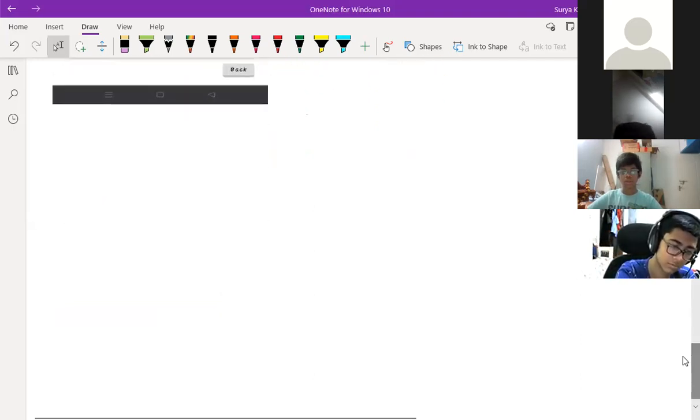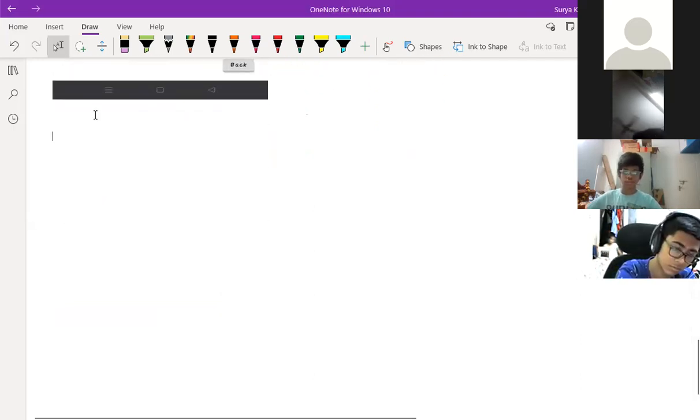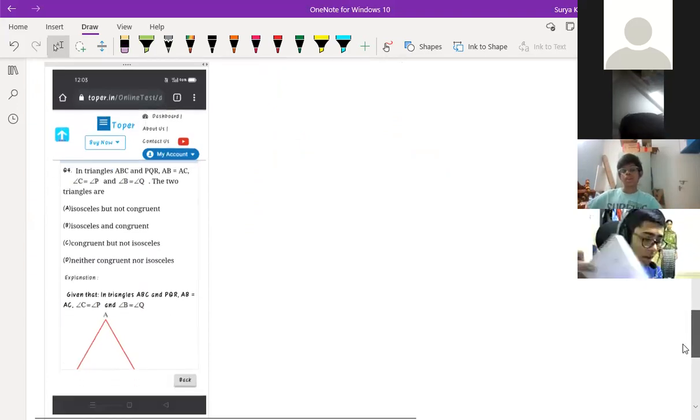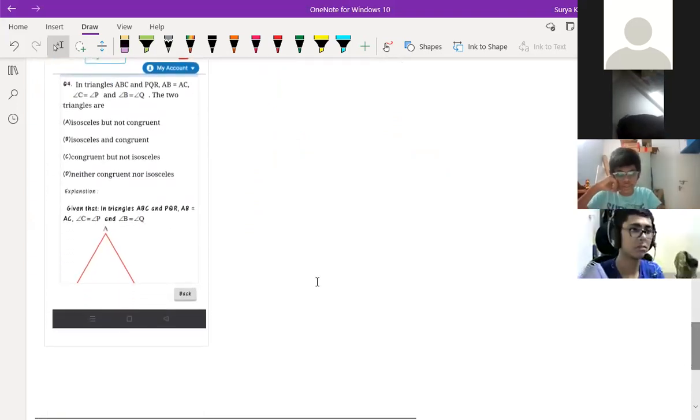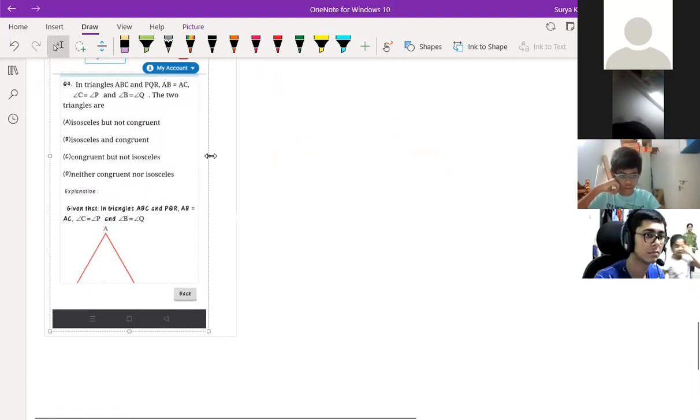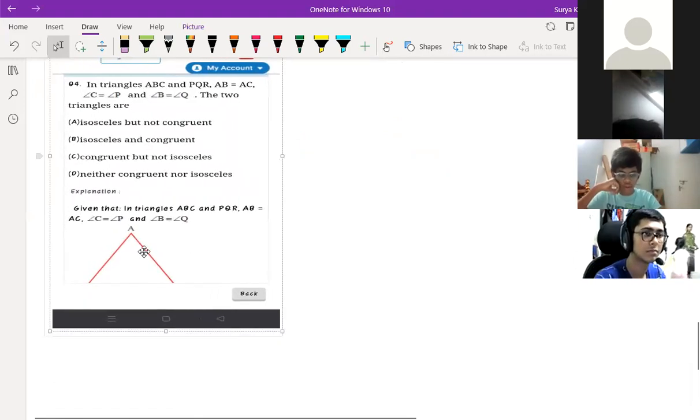See, the next question is, children, just try this. In triangle ABC and PQR, AB is equal to AC, angle C is equal to angle P, angle B is equal to angle Q. What are the two triangles?